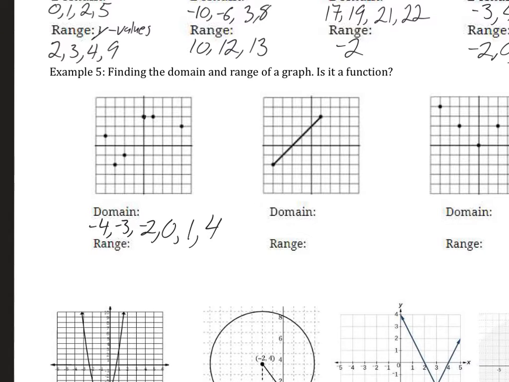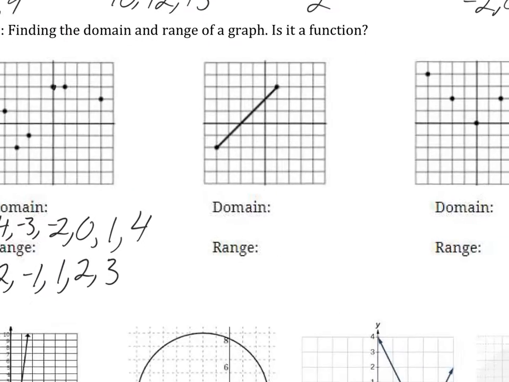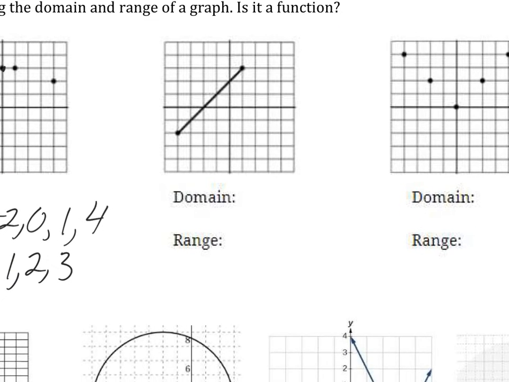My range, so starting down at the bottom, I'm at -2, -1, +1, +2, +3. Okay, so again, these are only points. We are looking at very specific points. This next one, we have a whole line. So this is telling me that I'm either using parentheses or brackets. So where does this start?